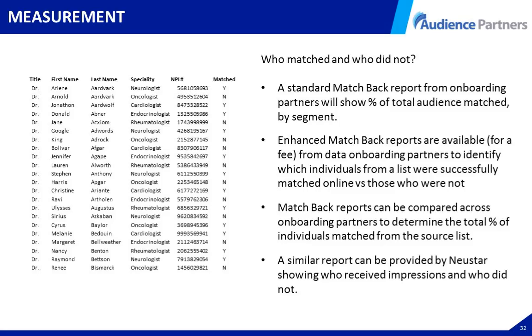So let me talk a little bit about what we can do. At a basic level, we can do matchback reports. I've talked about those before. This will minimally tell you who matched and who didn't. It's not necessarily who was exposed and who wasn't, because we won't necessarily reach everyone, but we can get that data too. For example, Newstar will provide an exposure report by individual that you can then map back.